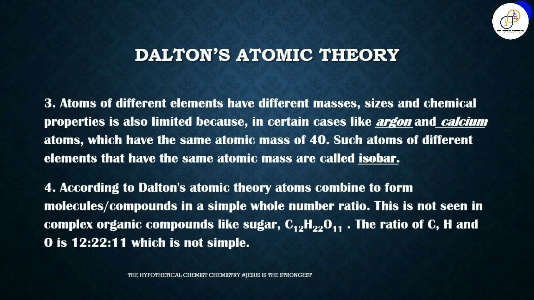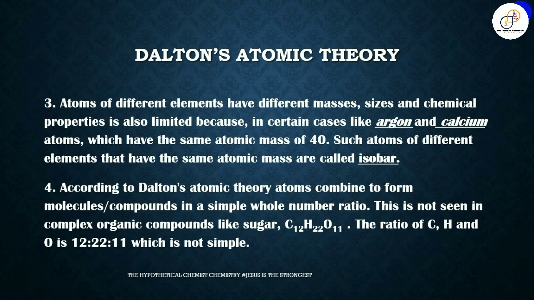That one too is limited due to the existence of what is termed as isobar. Isobar too is the occurrence whereby atoms of different elements having different atomic numbers but same atomic masses. And we can see that from argon and calcium.